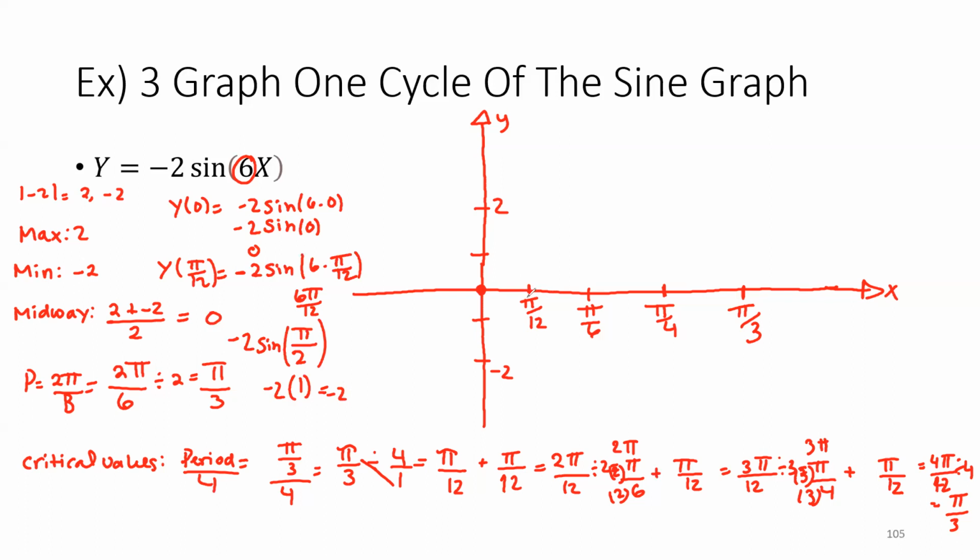Okay, so at pi over 12, you have a y output of -2, so that's good because we see the cycle. So it went from midway, minimum, and then at pi over 6, it has to go through midway, and then pi over 4, you have to go through your max, which is 2, and then pi over 3, midway.